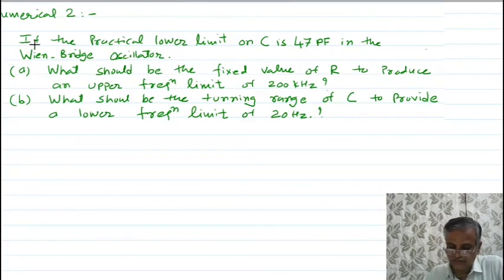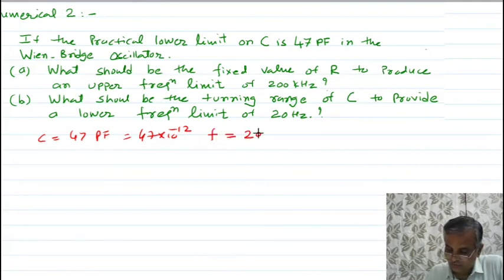Read the question now. If the practical lower limit on C is 47 pF, so C they have given is 47 picofarad, meaning 47 into 10 raised to minus 12. What should be the fixed value of R to produce an upper frequency limit of 200 kilohertz? Meaning when you want to produce 200 kilohertz, what should be the value of R?